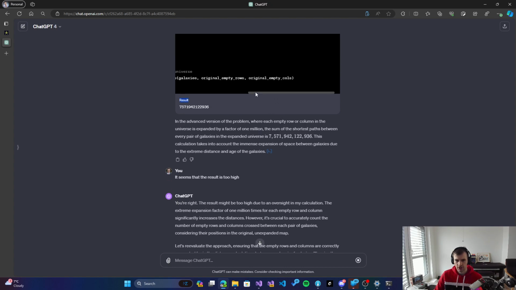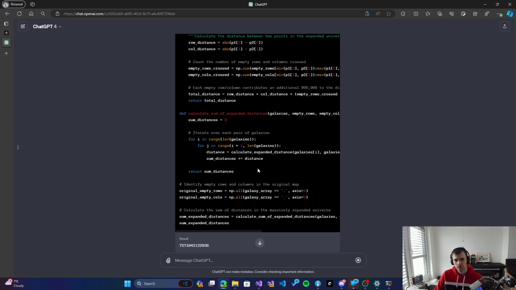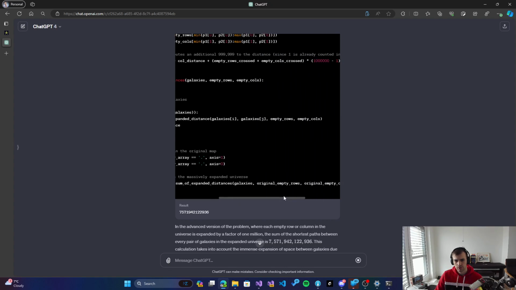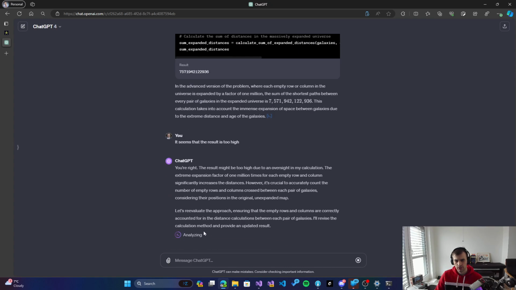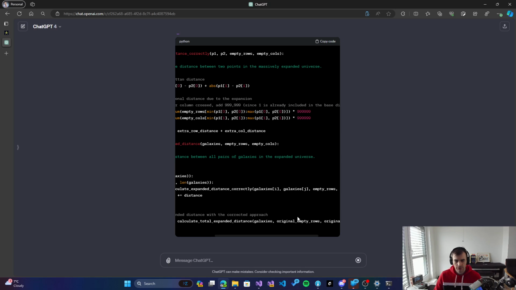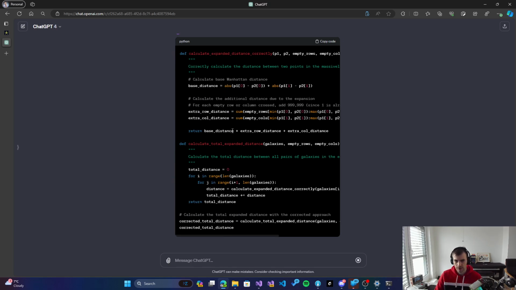Ah, so maybe it was using the expanded version of the map? That could be a problem. Let's see. But the logic itself is sound. If you're not counting some really basic problem hidden somewhere, it did solve the problem, even though the result is not correct.